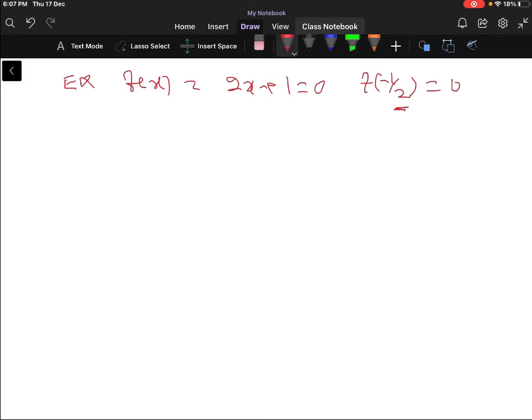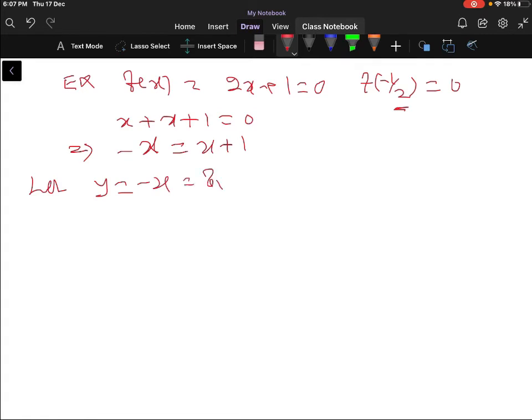Let us split the function as x plus 1 is equal to 0. So this implies minus x is equal to x plus 1. So let us take y is equal to minus x, that is f1 of x, and y is equal to x plus 1, that is f2 of x.